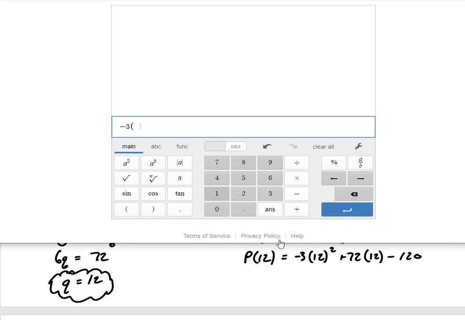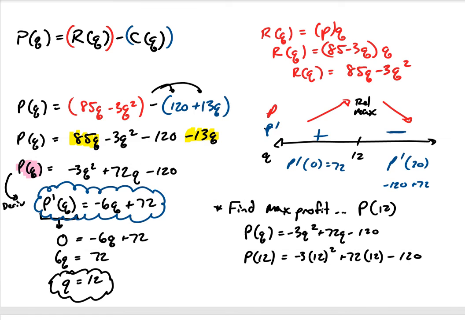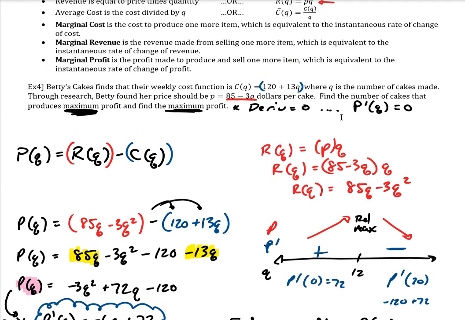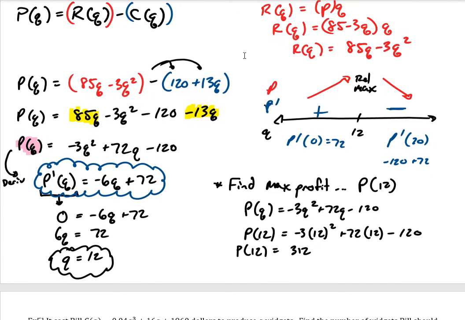Okay, so we have negative 3 times 12 squared plus 72 times 12 minus 120, and we get 312. Okay, so it looks like our profit is 312. So P of 12 is 312. It's probably in dollars or whatever they said it was. Let's see. Dollars, yep. Okay, so that's it. So their maximum profit is $312.